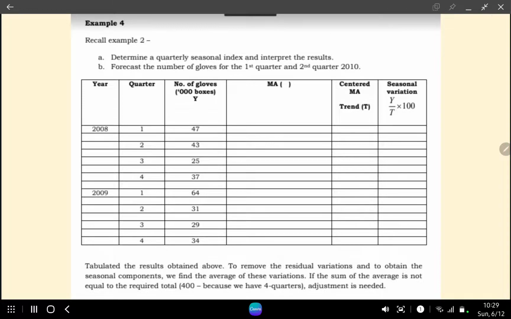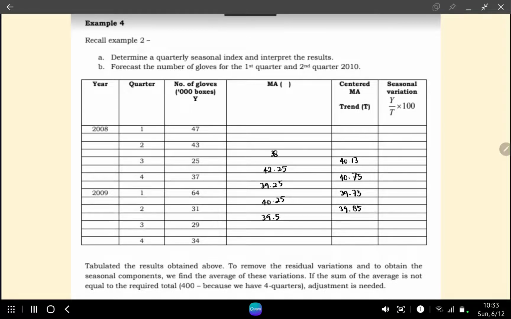Look at this example. This is the same example which is in the previous video, example 2. So we are going to use the same table.